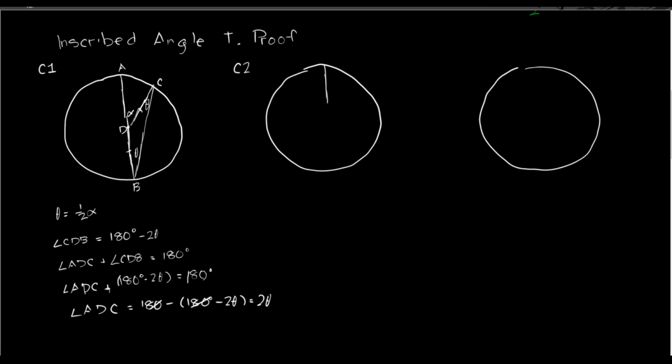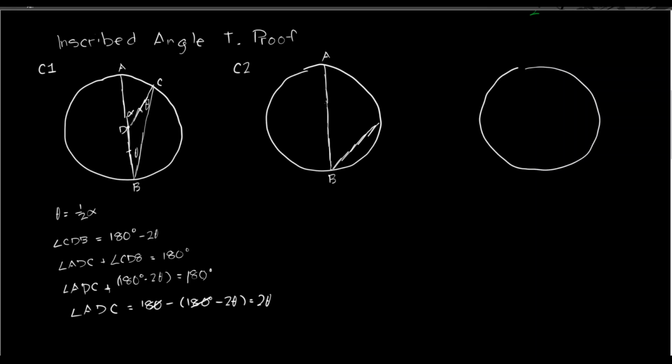Let's draw the diameter of our circle again. Now, our second case for the inscribed angle theorem is when the arms or the sides of our inscribed angle don't form a diameter of the circle. For example, one arm of the angle may be here, and the other arm will not be this diameter.